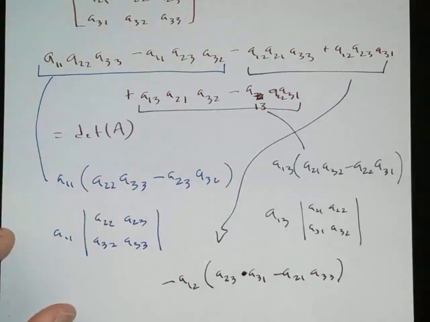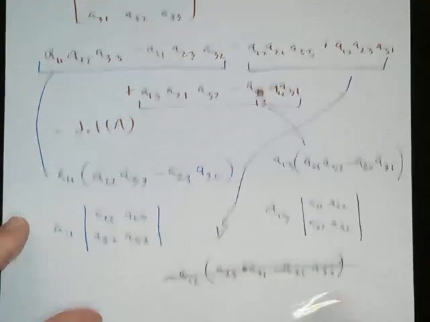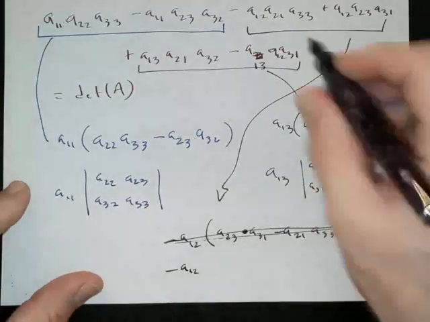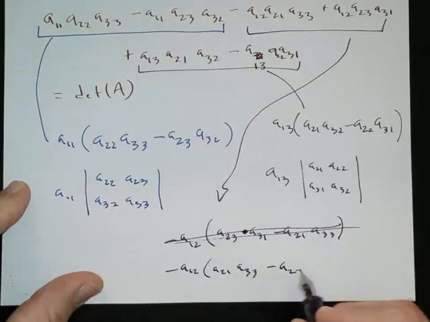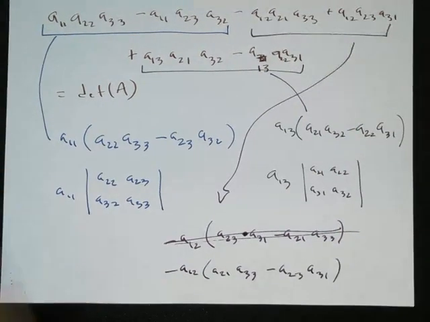Oh, it helps if I put it in the right order. Let's try that again. Minus A12. Then it's A21, A33 minus A23, A31. It helps if I keep the things in the right freaking order, doesn't it?